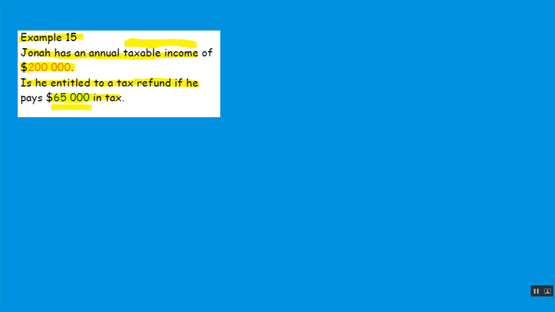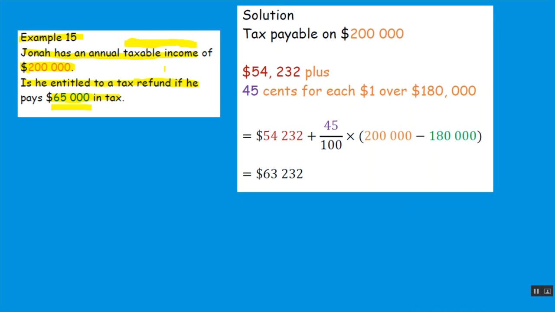So we find how much tax he should have paid on $200,000 using the table. Tax payable on $200,000. So we go to the right part of the table, which is this part, because it's more than $180,000. We find the difference between these two numbers, which is here.